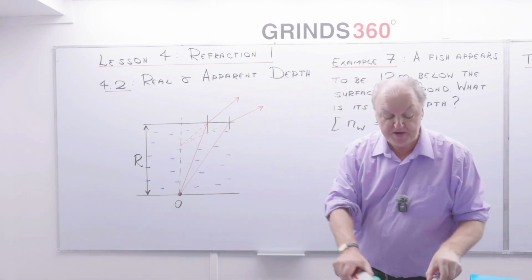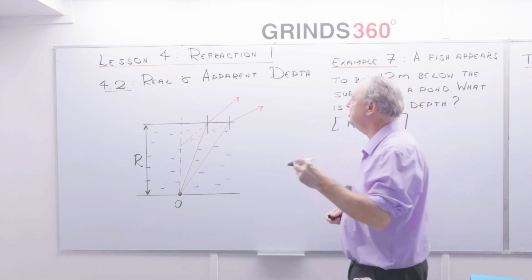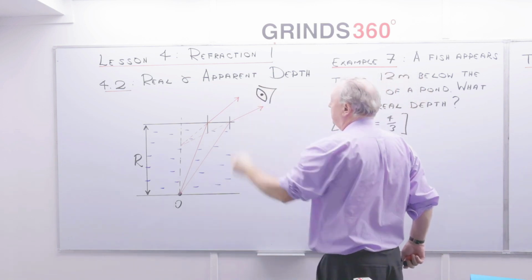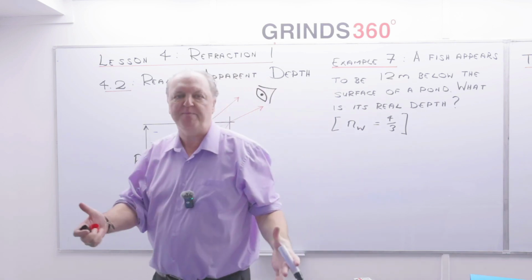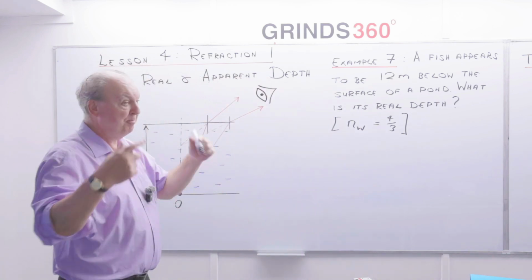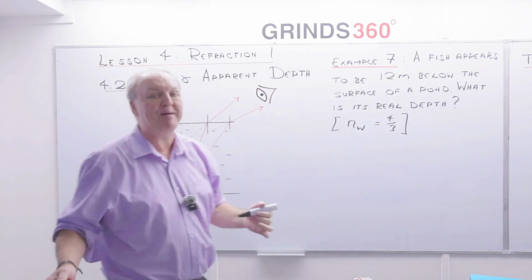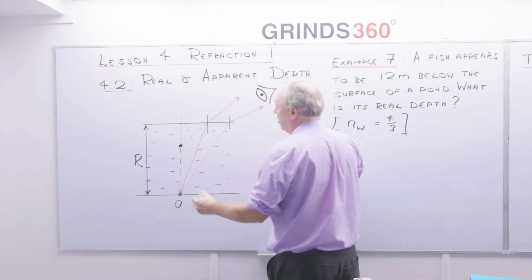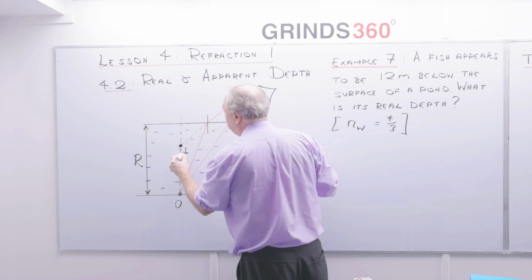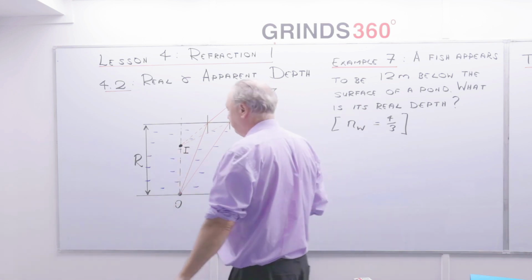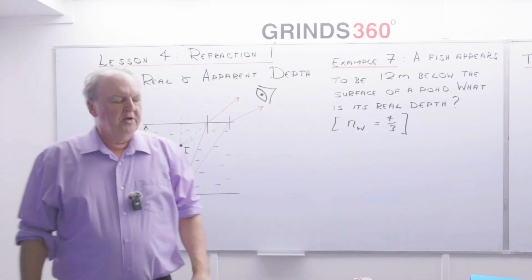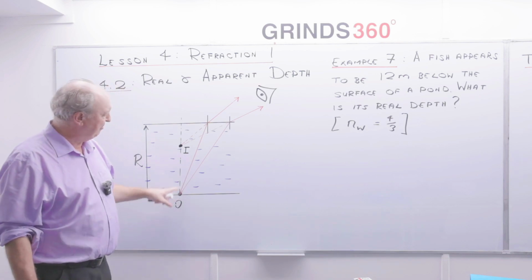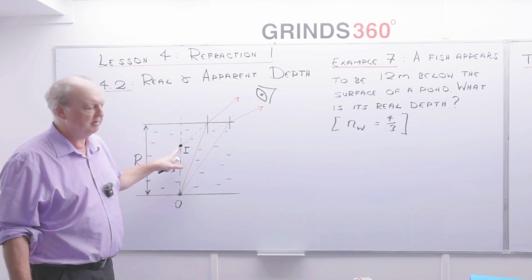If you're somebody viewing the fish, here's your eye here. Those rays of light coming out from the fish are diverging, but in your mind's eye, you work them back to where they met, and they meet back here. So there's the image of the fish. The object, the fish, is actually down here, but the image appears to be up here.